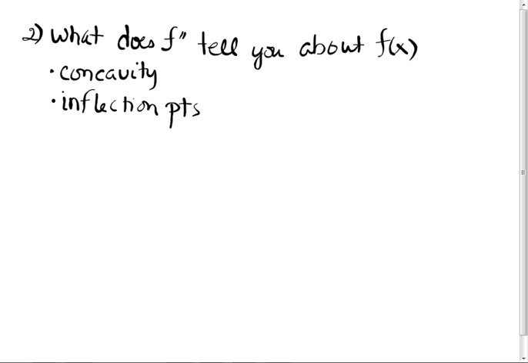So if f double prime is positive, then if we're positive, we're happy. So it's concave up. What is that, max or min? It's a minimum. And it's concave up. Look at all that stuff I get.